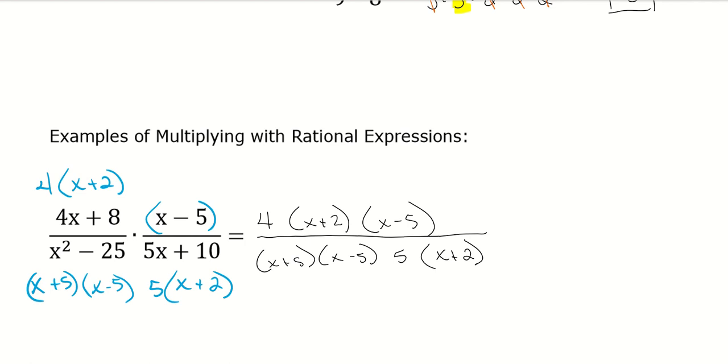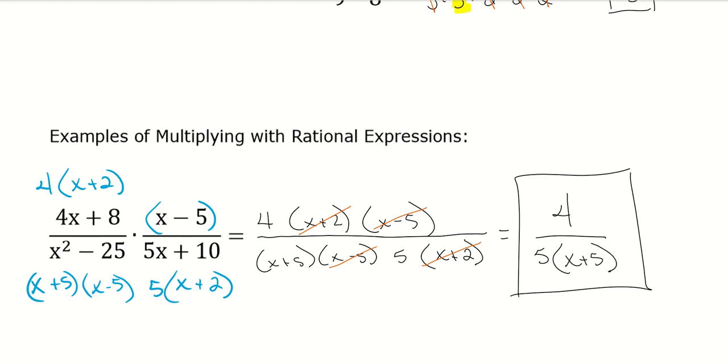I have an x plus 2 here and an x plus 2 here. Those two divide each other out. I got an x minus 5 and an x minus 5. Those two divide each other out, making 1. Therefore, on the top I have 4. On the bottom, I'm going to put my constant first, and then I have my x plus 5. And that one's done.